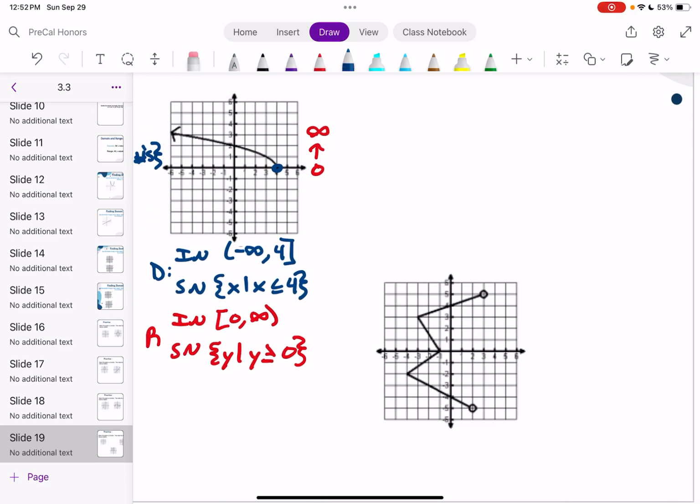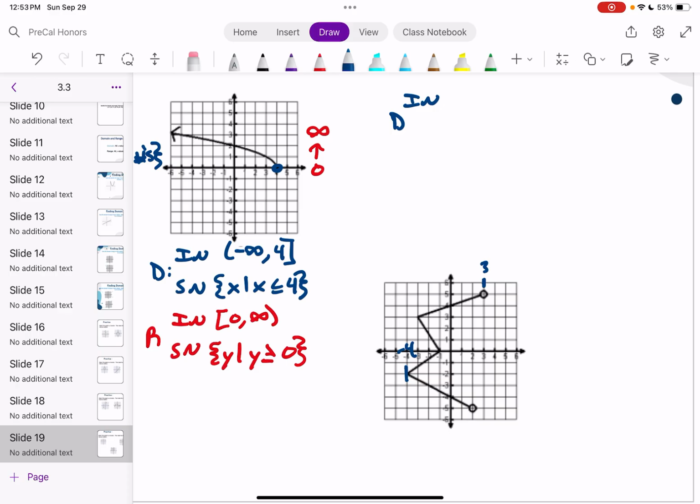Our last example would be the domain in interval notation. Keep in mind from left to right, furthest left is -4. Greatest number would go up to the number 3.